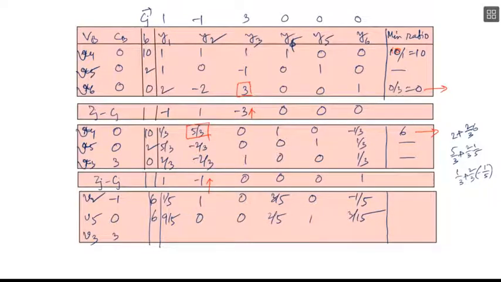Okay, now the last row. It will be 0 plus 2/3 into 6. It will be 4. It will be 2/3 plus 2/3 into 1 by 5.